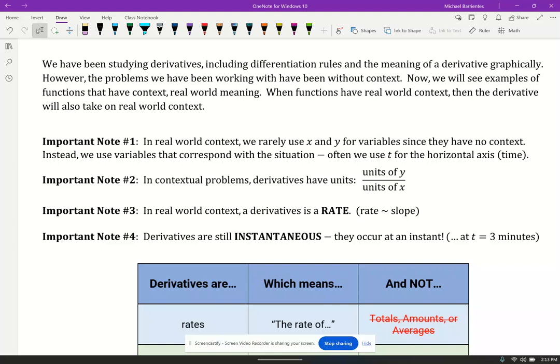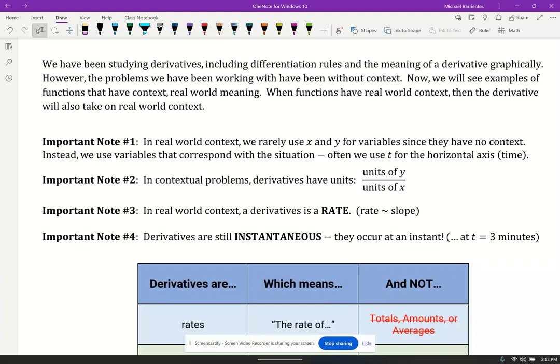Second note, we need to remember that derivatives always have units, especially when we're talking about a context. So the units are always the units of the vertical axis, or the y's, if you will, and the horizontal axis, or the x's, if you will. And then the third thing is, whenever you see the word rate, they're talking about a derivative, because a derivative is an instantaneous rate of change, which is also talking about the slope.